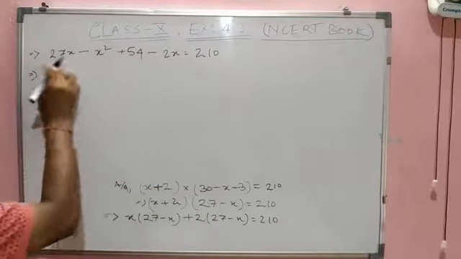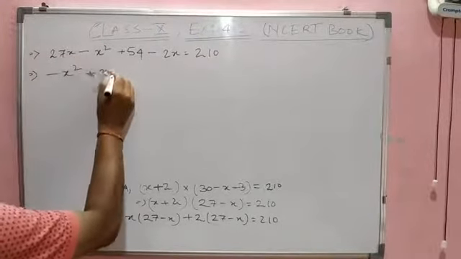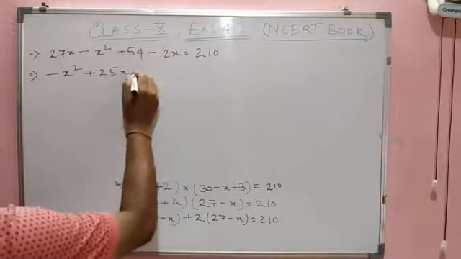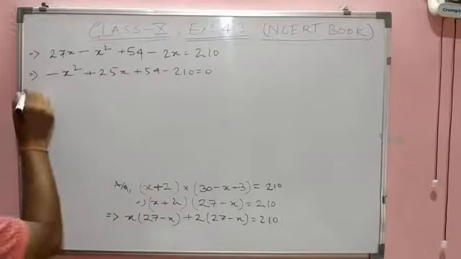So it will be minus x square. Let us write in standard form. This and this together will be 25x, plus 54 minus 210 equal to 0.